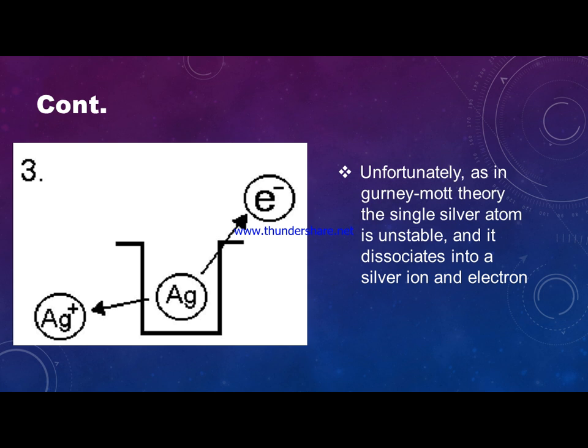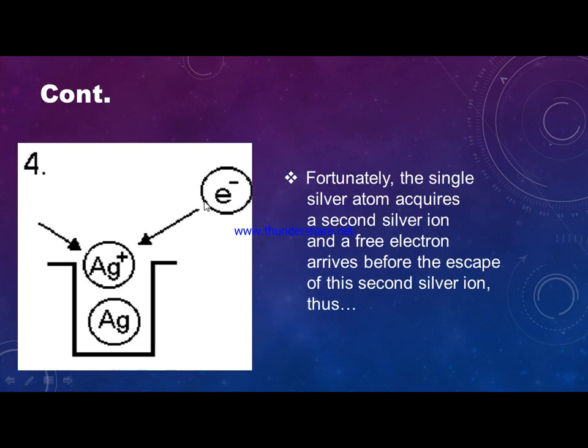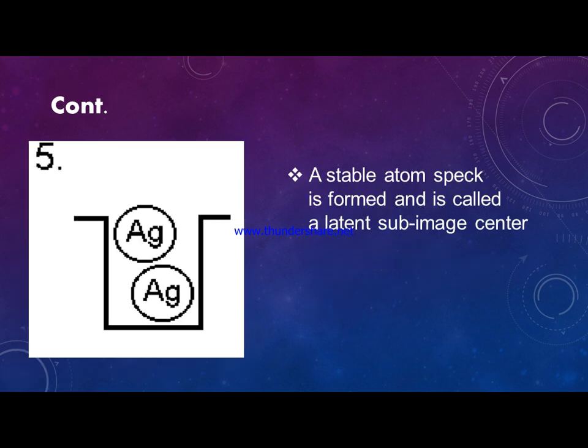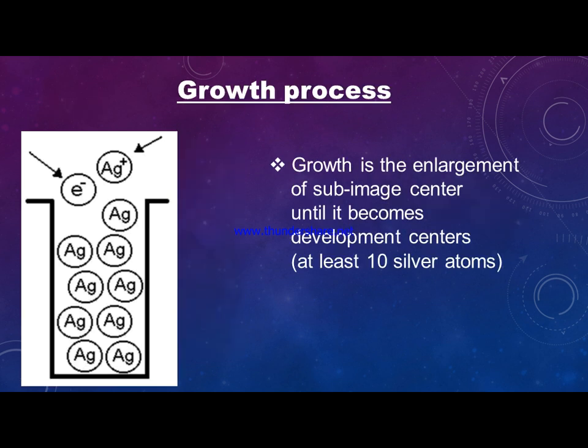Unfortunately, as in the Gurney-Mott theory, a single silver atom is unstable and dissociates into a silver ion and an electron. Fortunately, the single silver atom requires a second silver ion and a free electron to arrive before the escape of the first silver ion, and a stable atom speck is formed, called the latent sub-image center.